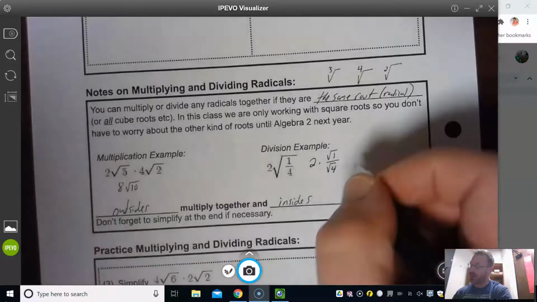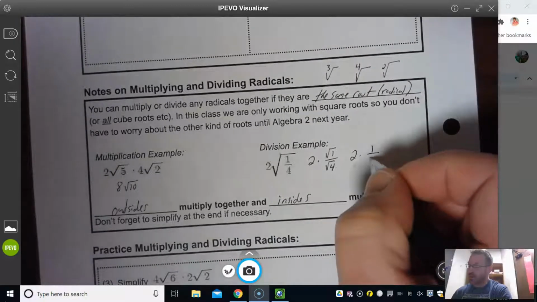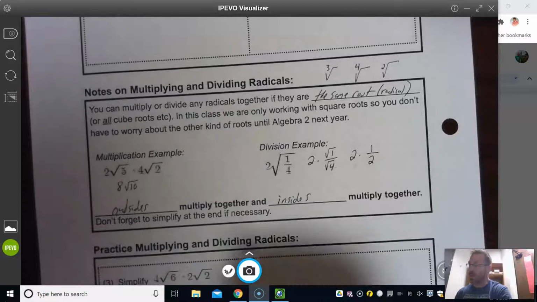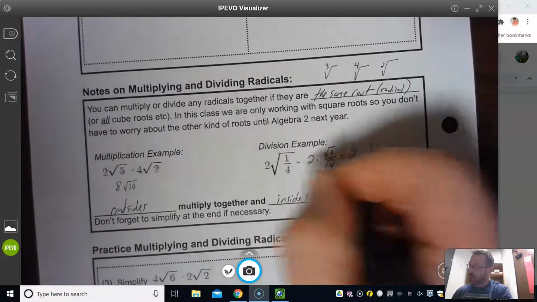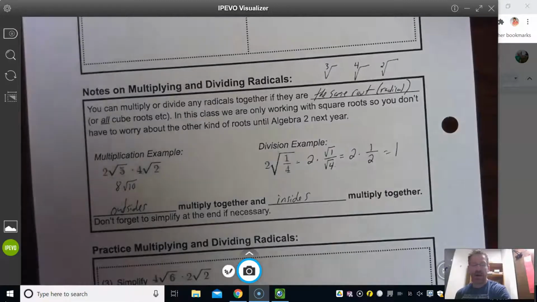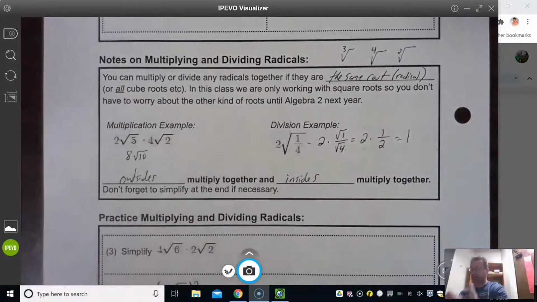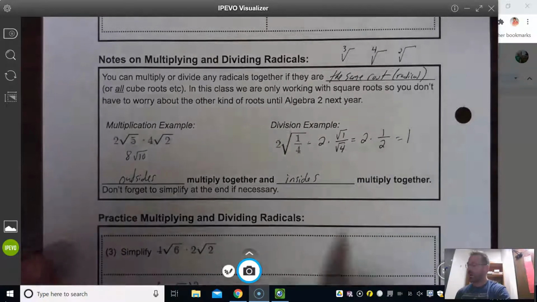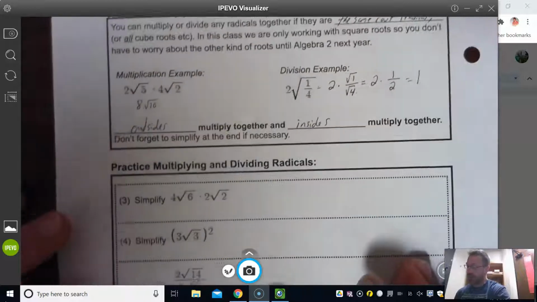And then we know what the square root of 1 is. That is 1. The square root of 4 is 2. And then 2 times 1/2 is 1, and there's my final answer. So going through this, just be good about looking and making sure you can reduce everything. So let's do a couple of examples here.